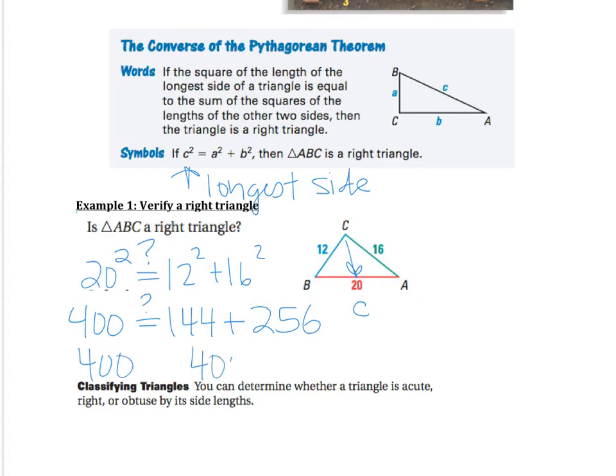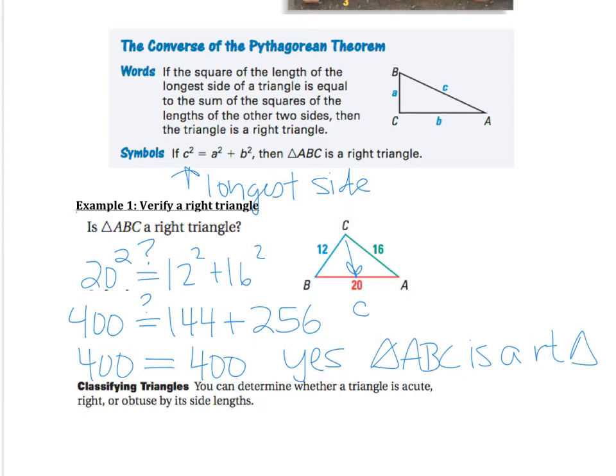I add those together, and yes, they do equal. So yes, triangle ABC is a right triangle.